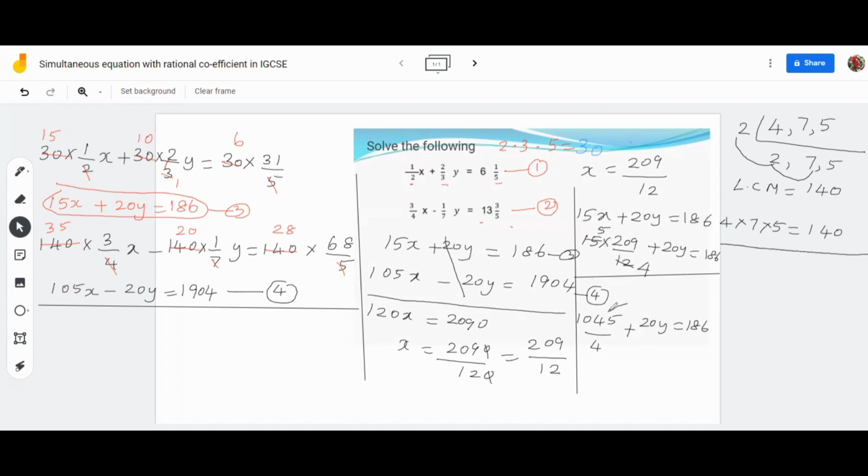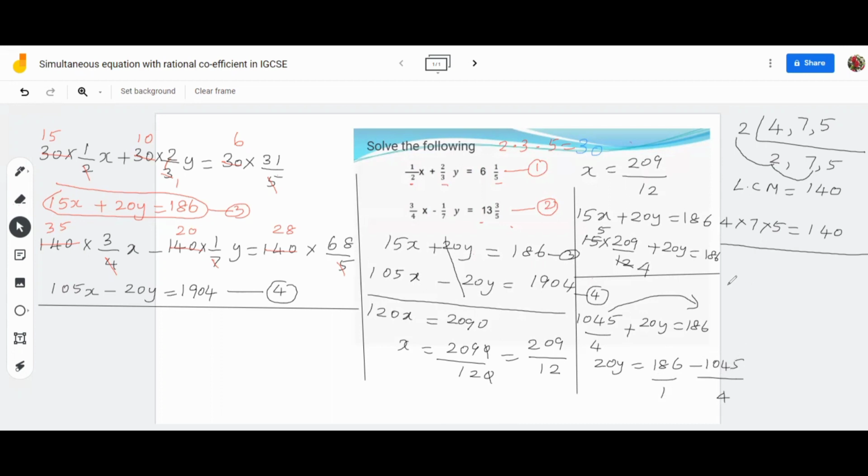And then let me shift to the other side. It's so long, this problem. So what should we do? We have to solve. When I shift there, it will be 1045 over 4. After that, just assume that there is a denominator 1.